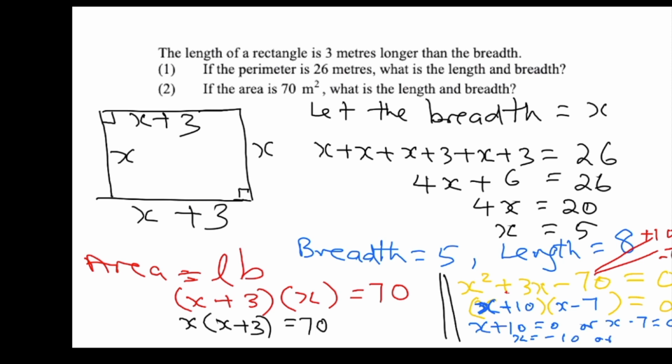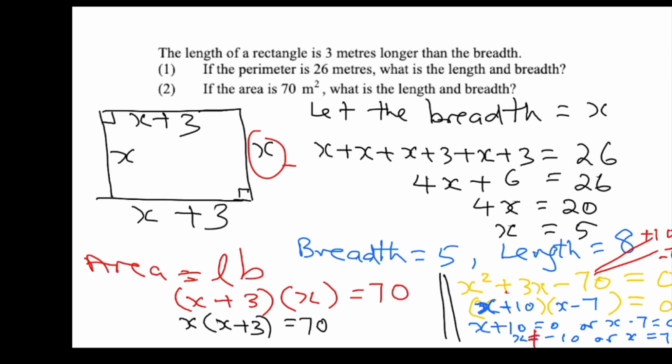The second one will give us x is equal to 7. But remember, x represents the breadth. x cannot be equal to a negative number. So what we know, therefore, is that x should be equal to 7. It can't be equal to negative 10. So we cross that one out. So the correct answer is 7.